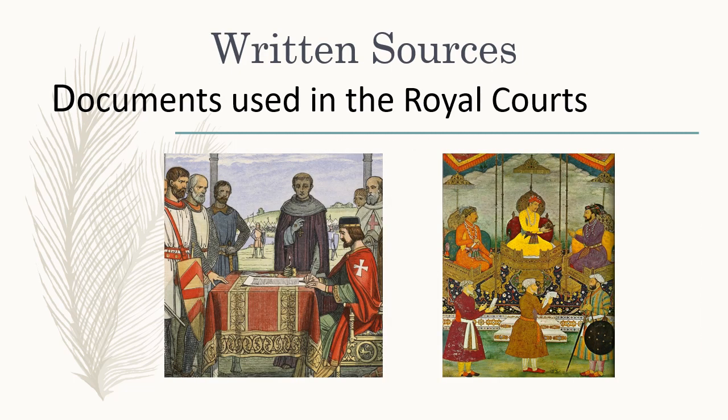The next part of the source we have is the written source. Now this plays a very important role. In the previous part we were mentioning only the material source, related to the ideas and development of architecture. Now in this we have documents used.